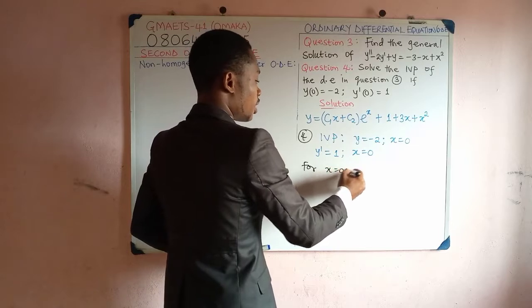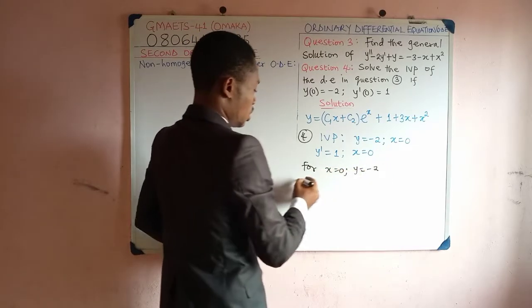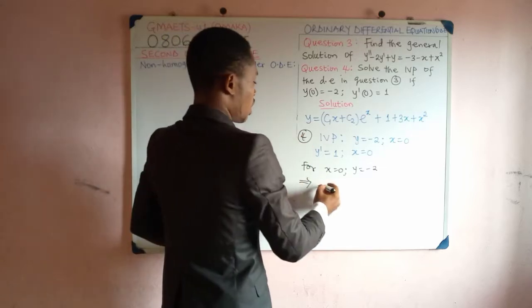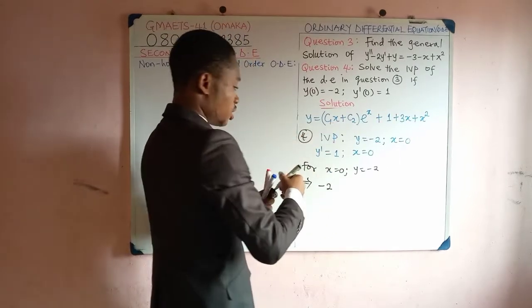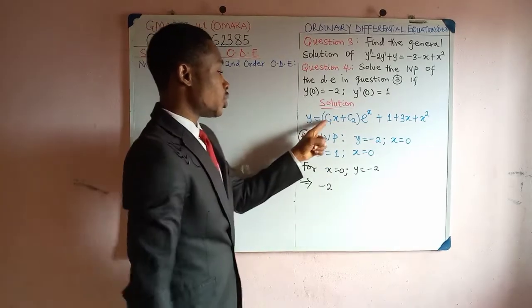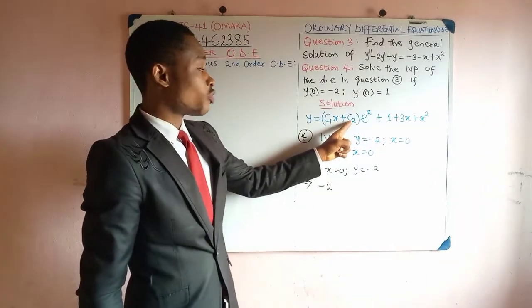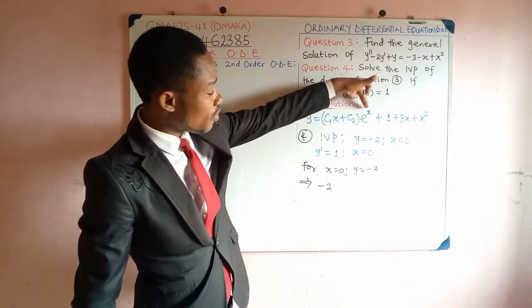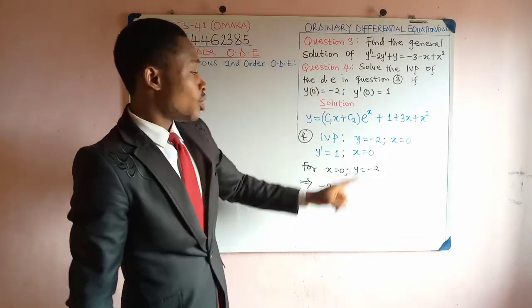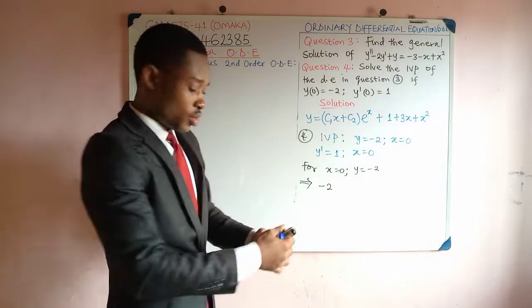So we'll write, for x equal to 0 and y equal to minus 2, it implies that I'll come over here and put minus 2. Fixing in 0 for x, of course, you know that C1 will disappear. We'll be left with C2 times exponential 0, which gives you 1. 1 times C2 will give us C2.